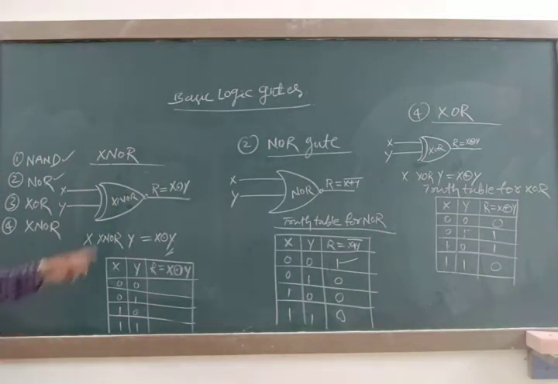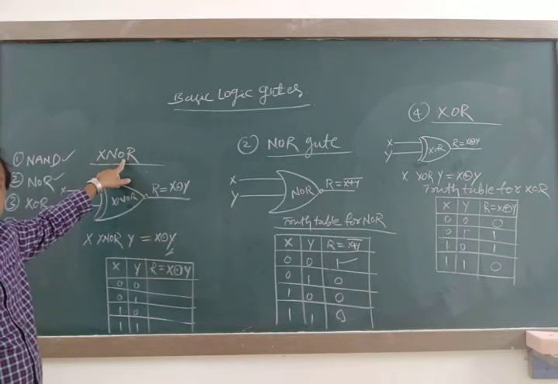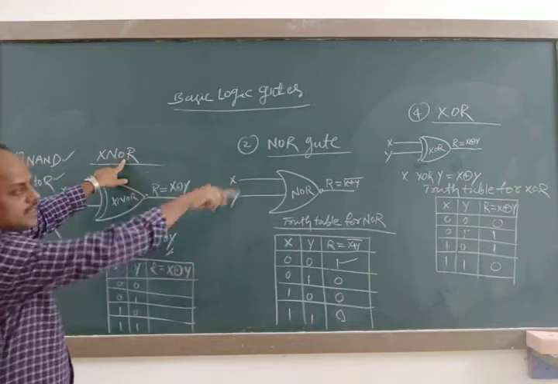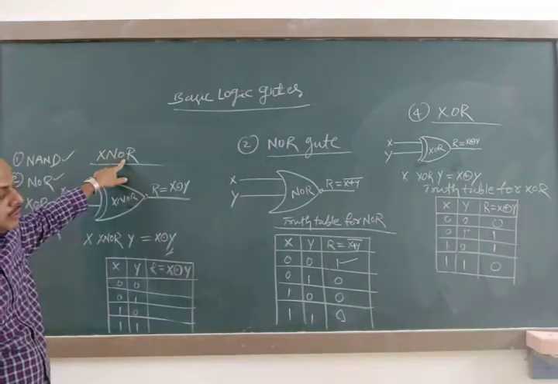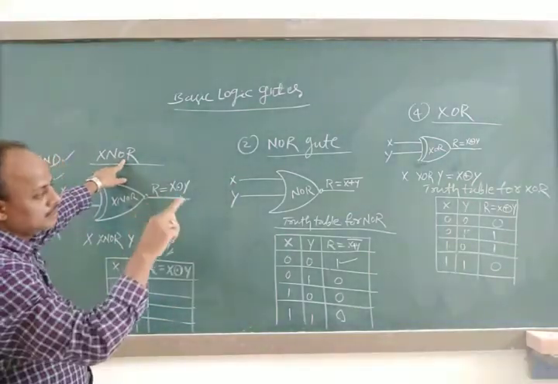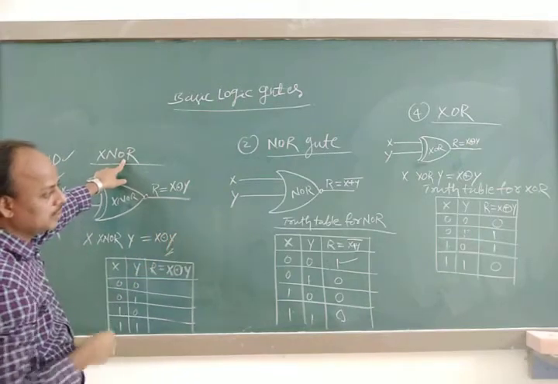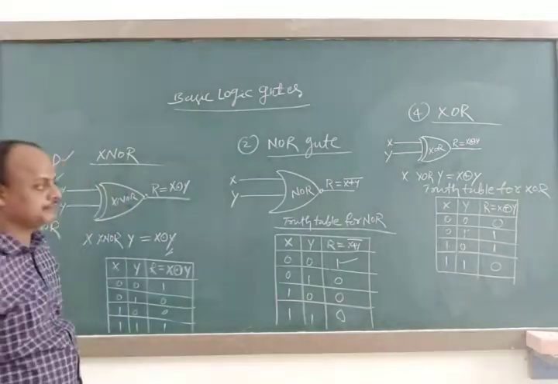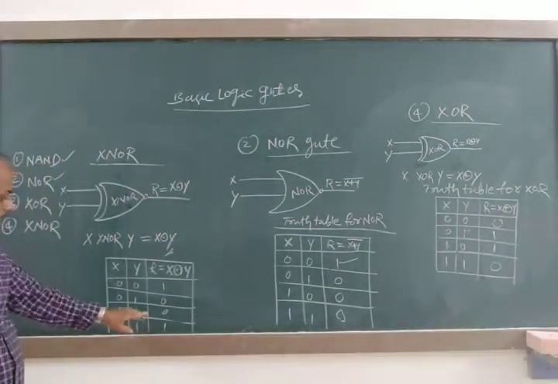So here, XNOR gate is what? Complement of XOR gate. So the result is 1 0 0 1. See here.